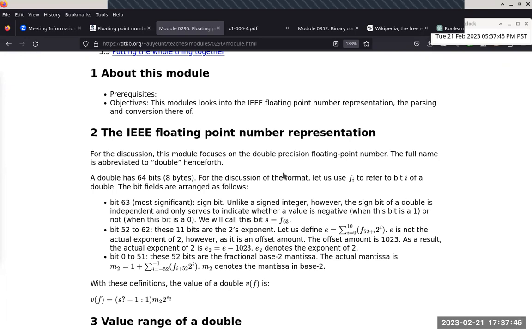Is that notation understood? So that means bit 52 itself indicates the number of ones, bit 53 indicates the number of 2s, bit 54 indicates the number of 4s, and so on. Doesn't the i usually come after, or why is it after?